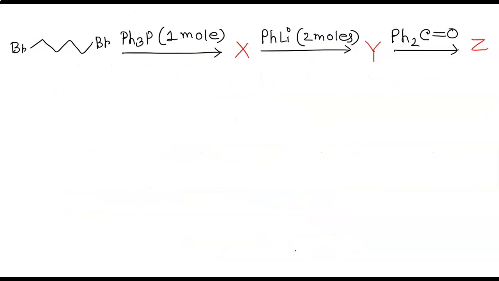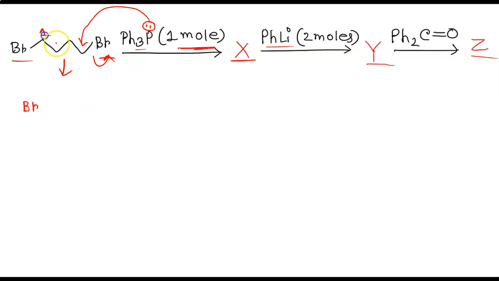This is the last problem we will discuss today. In this compound, first we are treating it with Ph3P, 1 mole. See, it is clearly mentioned how many moles. We are getting compound X. Then 2 moles of PhLi we are getting Y, and finally we are treating it with Ph2CO, and the final product is Z. So first this PPh3 will attack one of these carbons, and there will be removal of bromine.